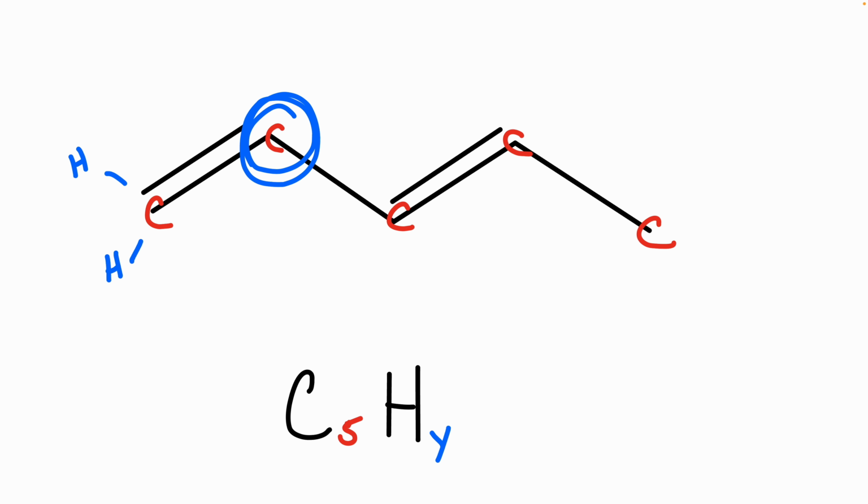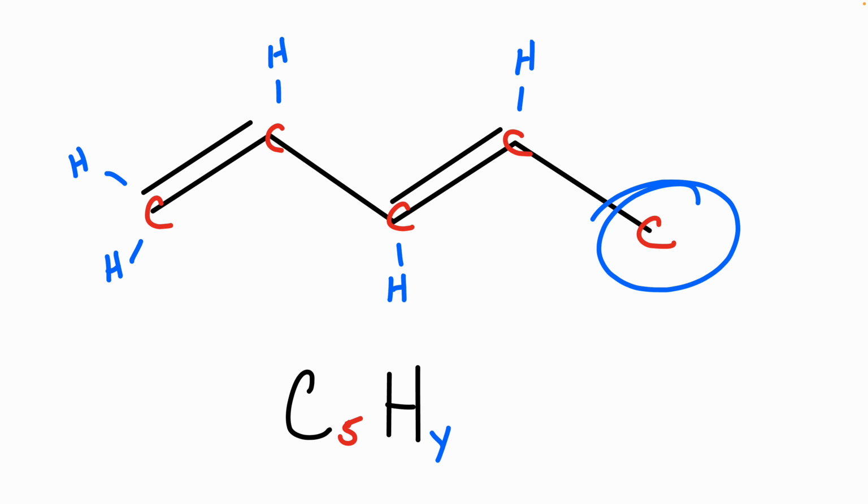And what about this one? 1. Only 1, right? Carbon double bond on one side, single bond on the other for a total of 3. So these ones here each just need 1 hydrogen to complete their octet. And then when I get to this end over here, now I'm going to need 3. All right, so C5H8.